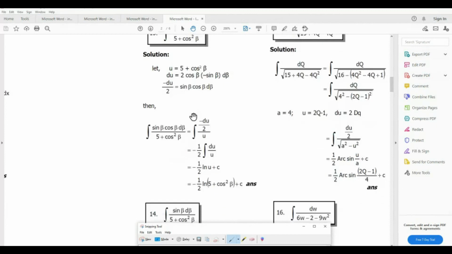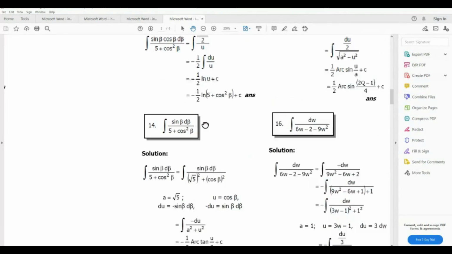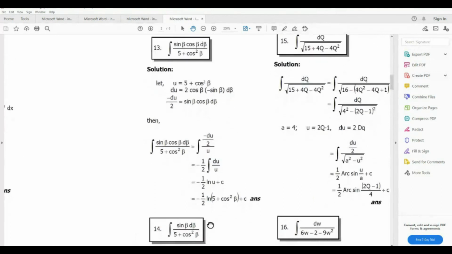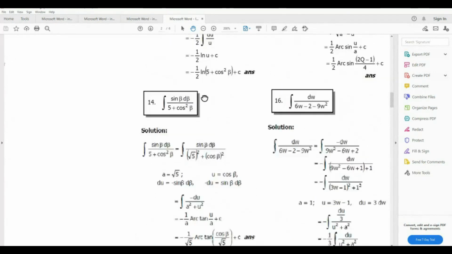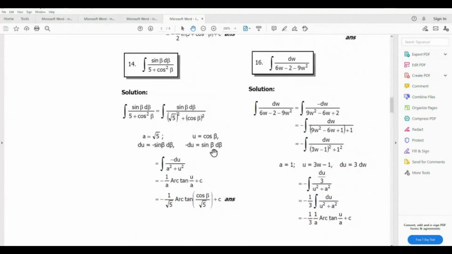Ito yung isa na sinasabi natin na papasok siya sa inverse trigonometric, kasi derivative ng cosine squared beta is present doon sa numerator. Dito kasi hindi, kulang. So magiging inverse trigonometric, where your a is equal to square root of 5, then u is equal to cosine beta.